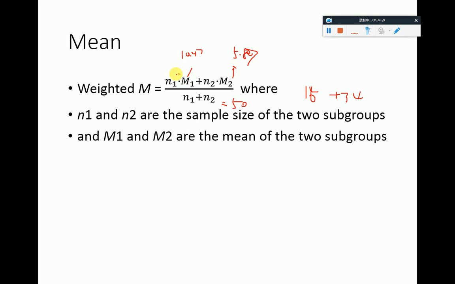So essentially, N1 times M1 will give us the sum or the total value for the southern states. And N2 multiplied by M2 will give us the grand total murder rates for northern states.